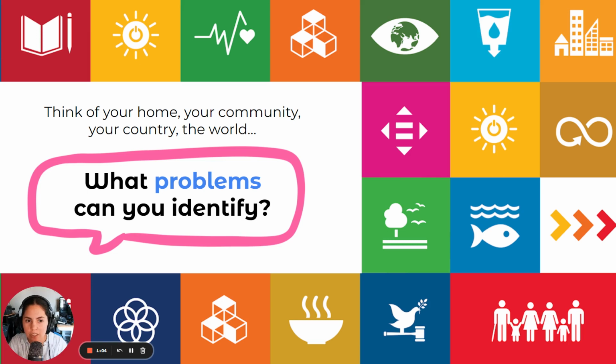Maybe it's a student or your grandfather or your community or a cause or a topic that you really care about, or something that sometimes doesn't feel quite right. And in all of these things, there's potential to make improvements and to make life better.